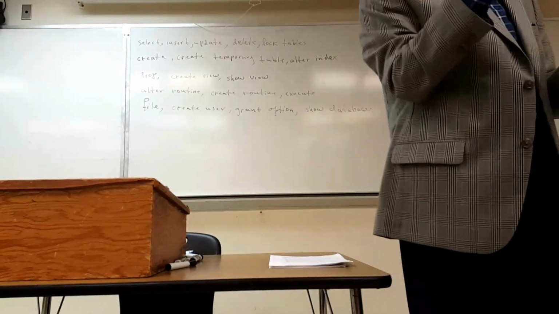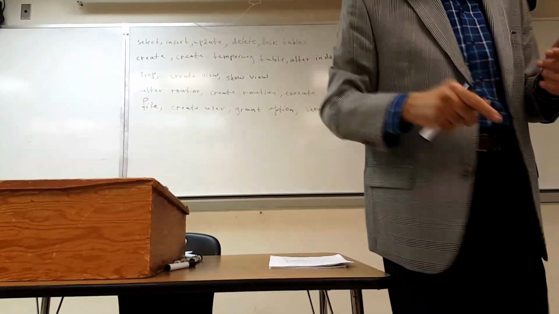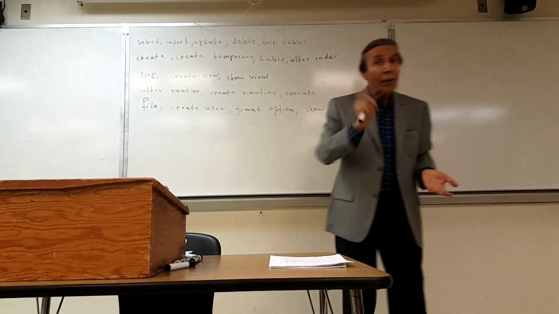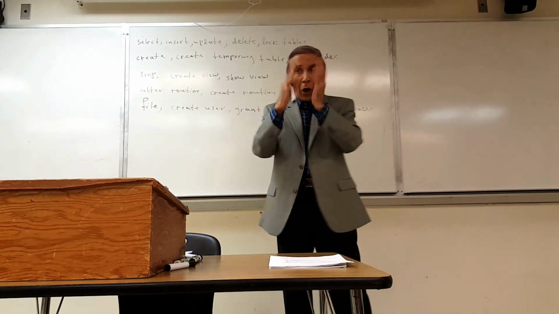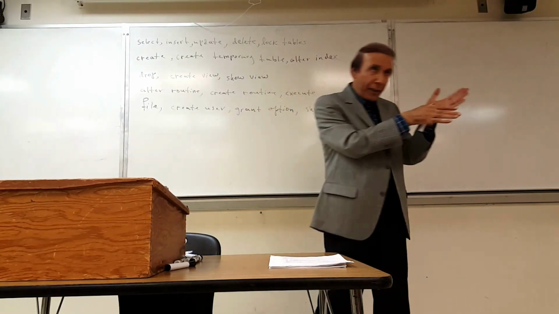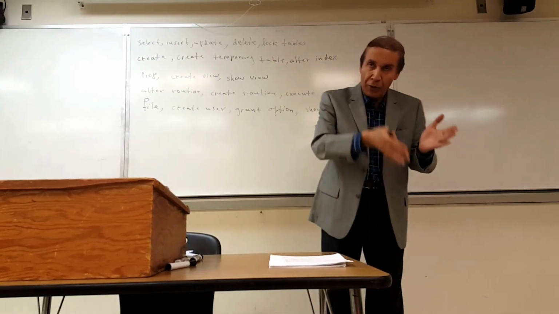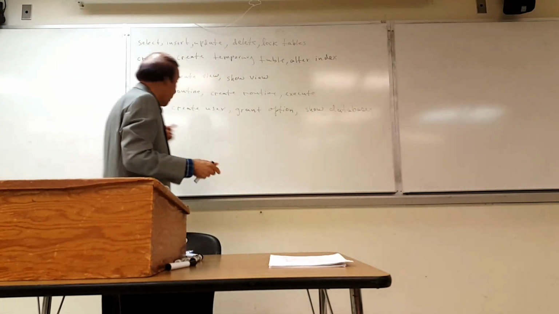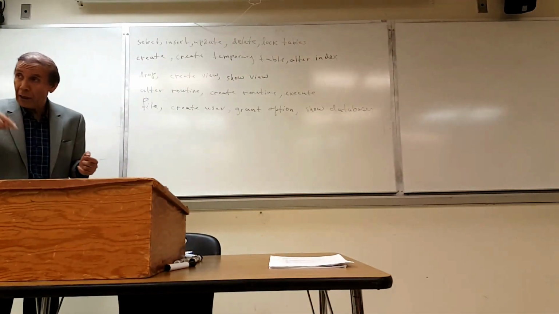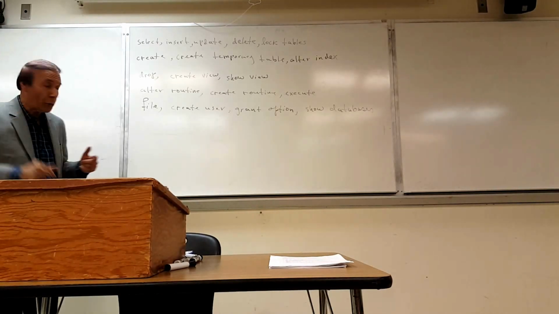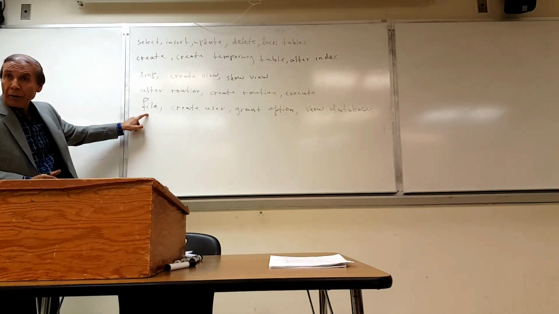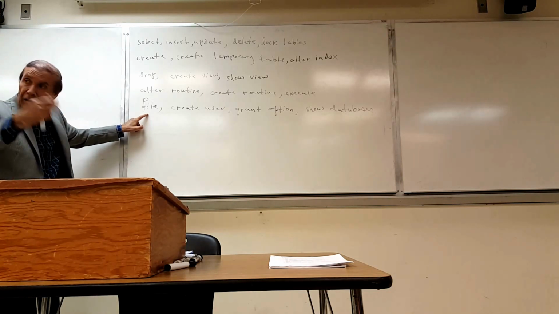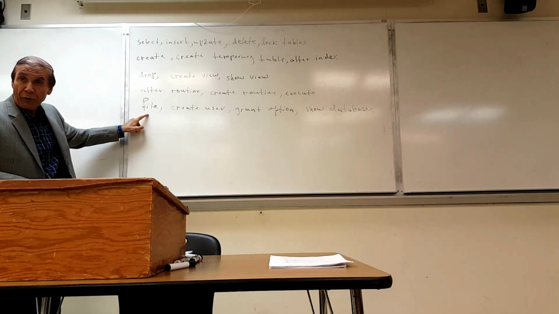Default is a screen, right? When you say select star from employee, everything will be displayed on a screen, right? But you don't want this to happen. You want this output to be redirected or transferred or copied to a file, okay? I'm going to discuss how to do that tonight, okay? But it is very important that you be able to transfer your query to a file, okay?